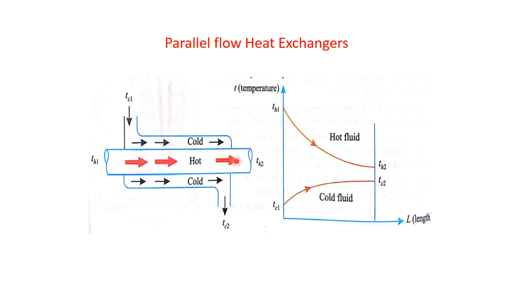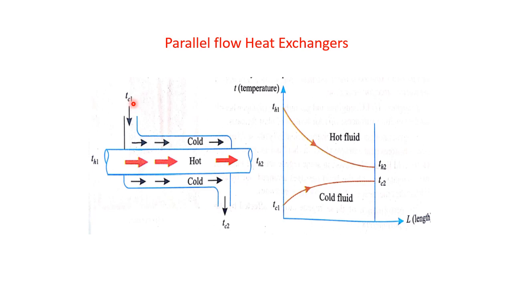and the directions of the hot fluid and the cold fluid are the same. You can see here the hot fluid is entering the heat exchanger at a temperature of TH1, where T indicates temperature, the subscript H indicates hot fluid, and the subscript 1 indicates that the hot fluid is entering at the inlet of the heat exchanger. The hot fluid moves along the length of the heat exchanger and moves out here.